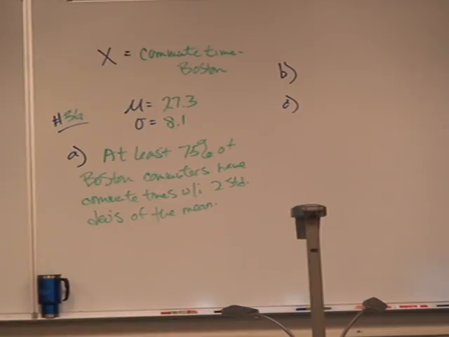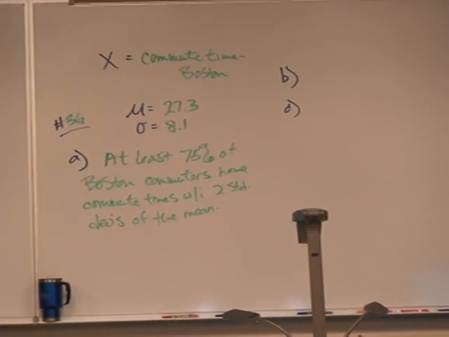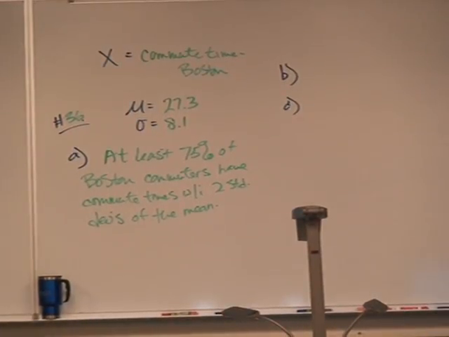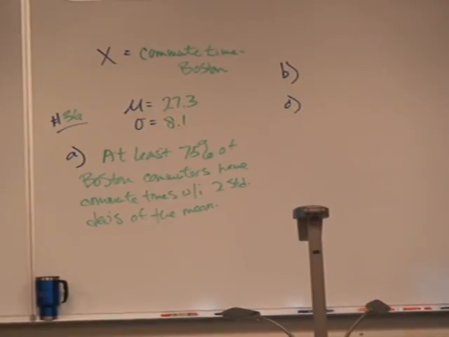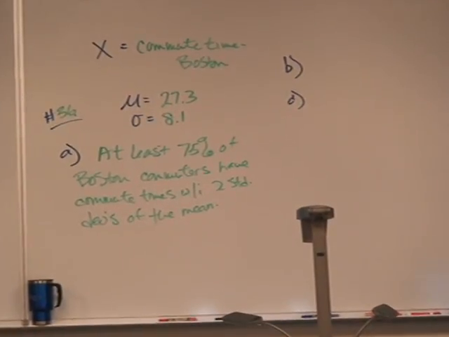Okay, what minimum percentage of commuters in Boston has a commute time within 1.5 standard deviations of the mean? I didn't calculate this on your handout.